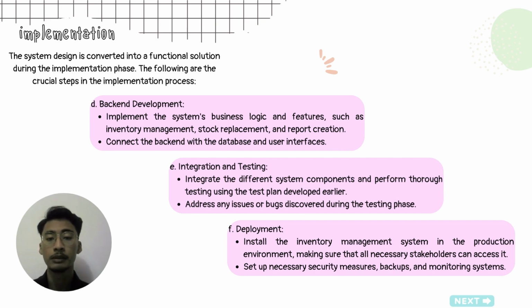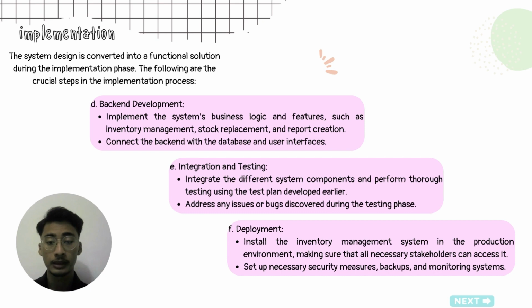It implements the system's business logic and features such as inventory management, stock replacement, and report creation. Connect the backend with the database and user interface. E. Integration and testing. Integrate the different system components and perform thorough testing using the test plan developed earlier. Next, address any issues or bugs discovered during the test phase.